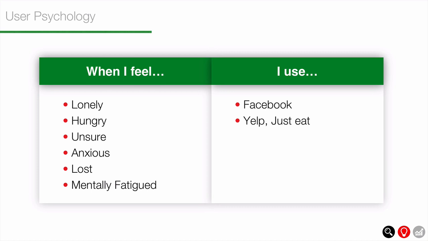When I'm hungry, I maybe go to Just Eat or Hungry Horse or whatever it is online. When you're unsure, you maybe go to Google to do a bit of a search. When I'm anxious, maybe I fire off an email and ask some questions there. When I'm lost, I'll go to the GPS on my phone. And when I'm mentally fatigued, I'll tend to watch some trash TV, and that often makes me feel better.